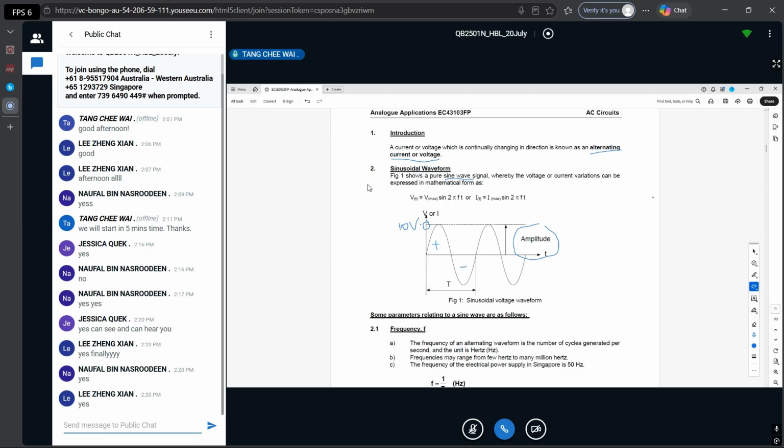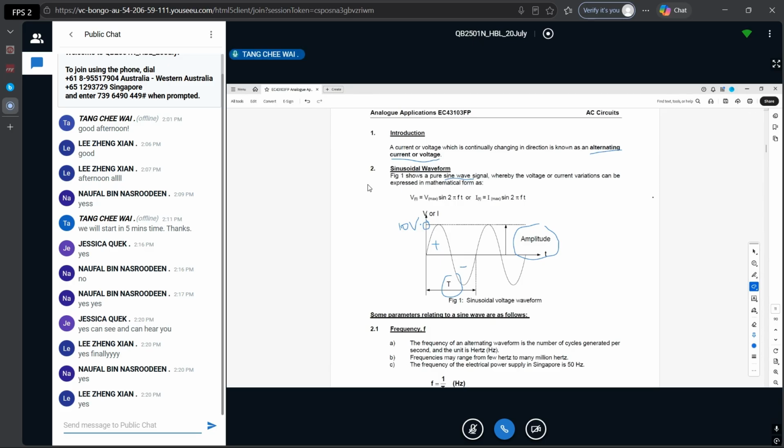Then another important thing that you need to know about the sine wave is the period, denoted by capital T. The period means the full cycle, the time taken for a full cycle to complete.